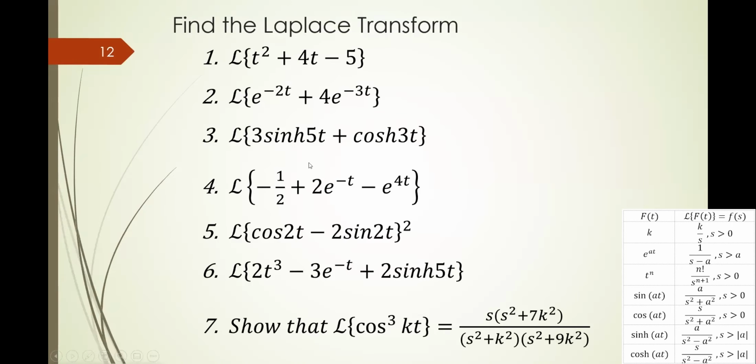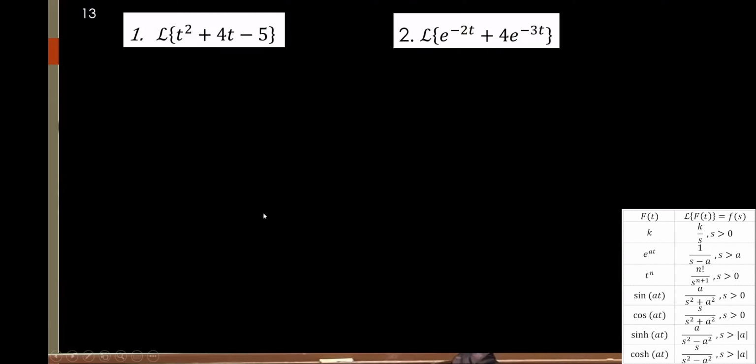All right, so I gave here a lot of problems. Let's try solving. 2 factorial all over s cubed, correct? Plus, I don't need the 4, just 4. And then, what's the Laplace? 1 over s squared. What about for the constant? What will that be? 5 over s.